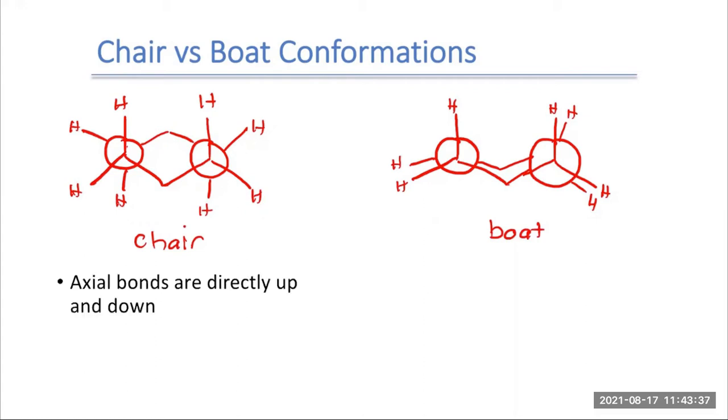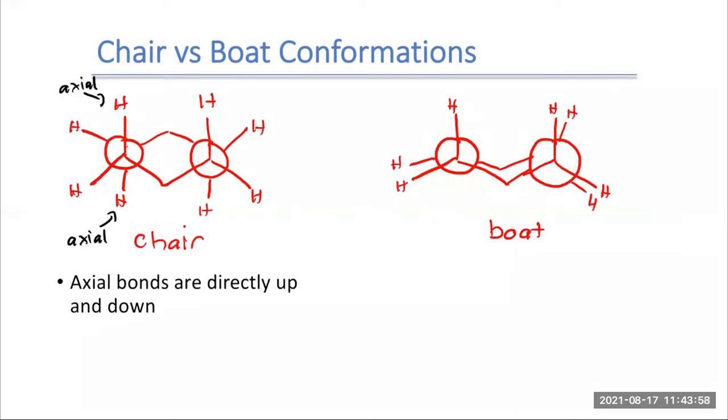And so what happens is with the chair conformation, the axial bonds, or the ones we call the axial hydrogens, those are pointing directly up or down. So that would be an axial hydrogen. That would be another axial hydrogen.